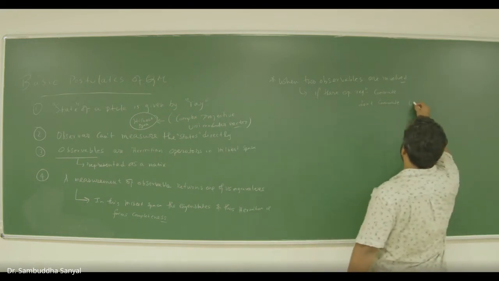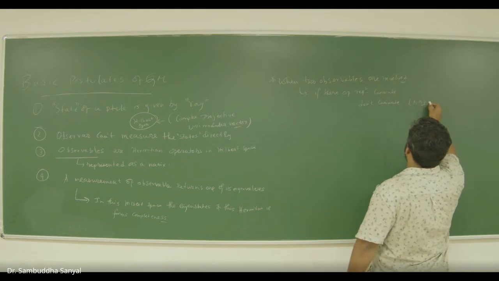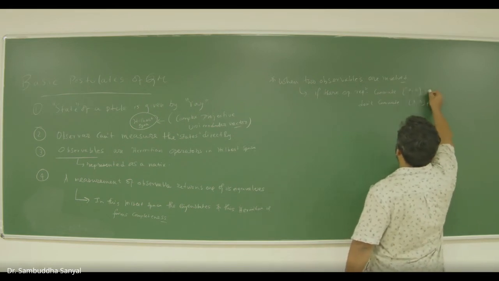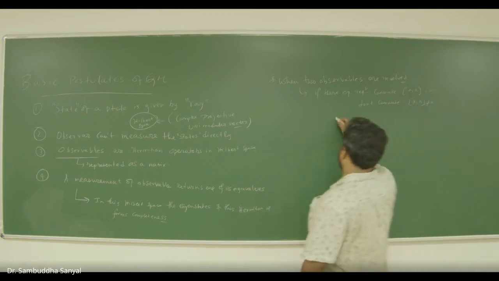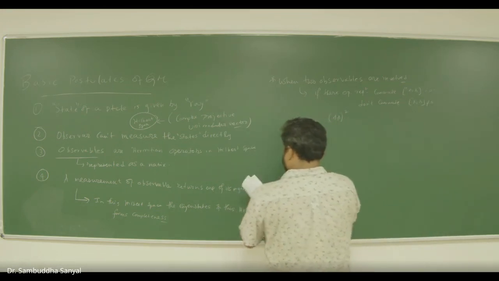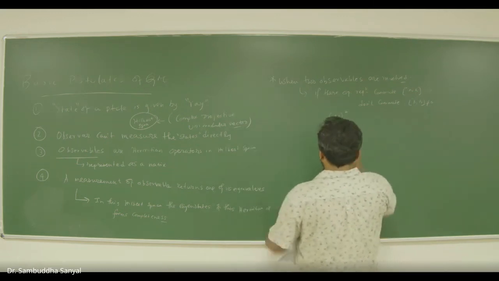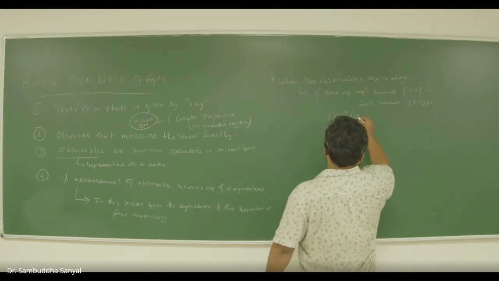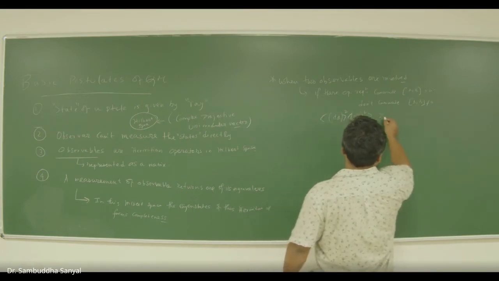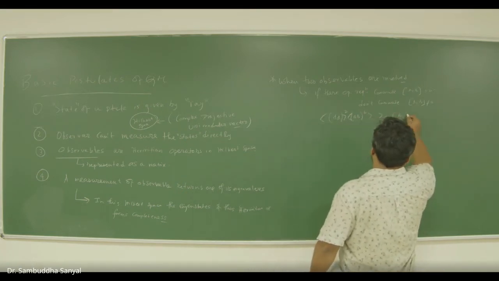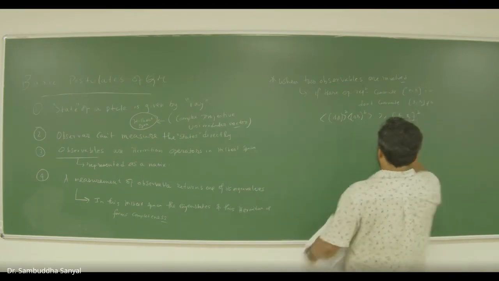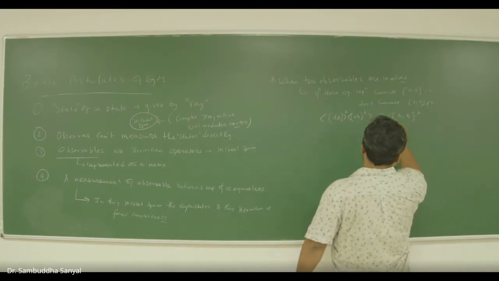So this is AB not equal to 0 and this is AB equal to 0, because we learned that they must satisfy a relation like this: delta A squared times delta B squared must be greater than or equal to the square of the expectation of the commutator AB, h-bar squared by 4.